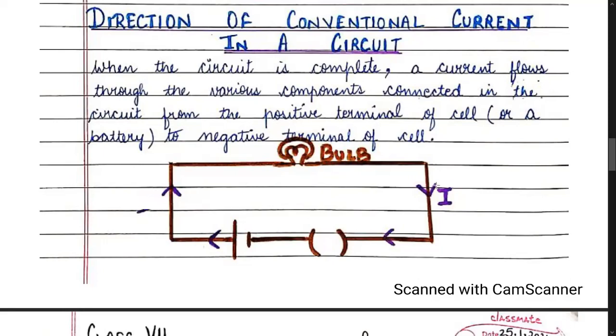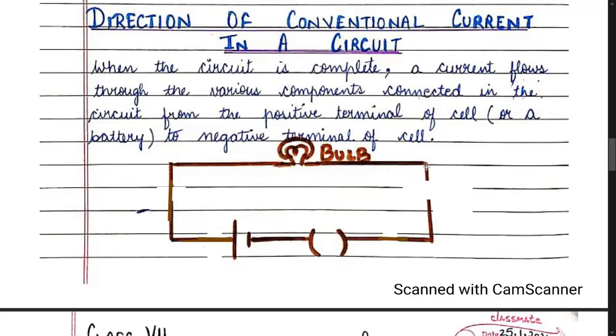So in that case, you are not supposed to mark any arrow, since there is no current flowing in the circuit if the circuit is open or if the key is open. So here what is happening? There is no key. The key is open. Open key means circuit is incomplete.